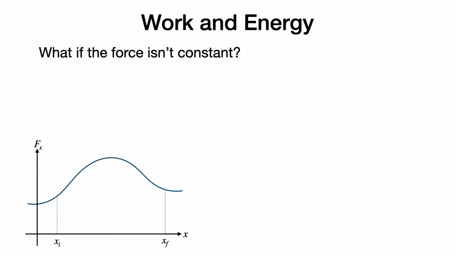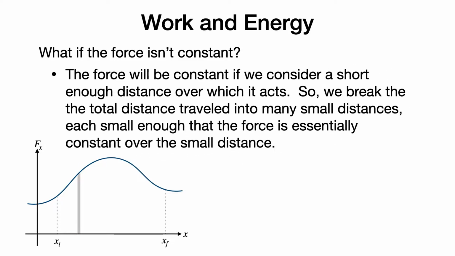What do we do if the force isn't a constant over the motion of the object? Well, the force can be considered to be constant if we think about a short enough distance over which it acts. So what we do is we break the total distance traveled by the object into many small distances, each small enough that the force is essentially constant over the small distance. We then calculate that small amount of work where the force is constant over that distance.